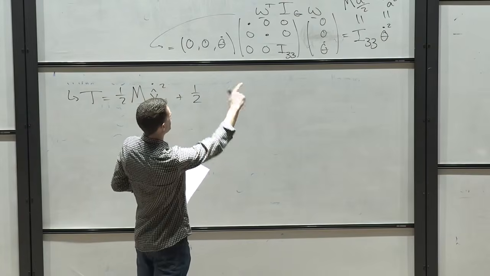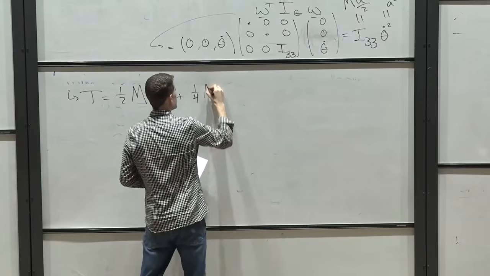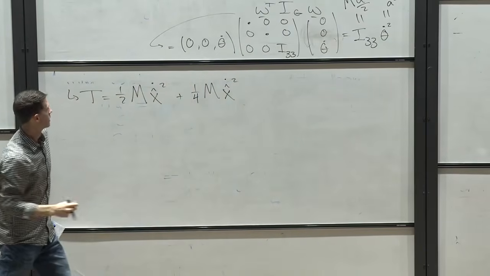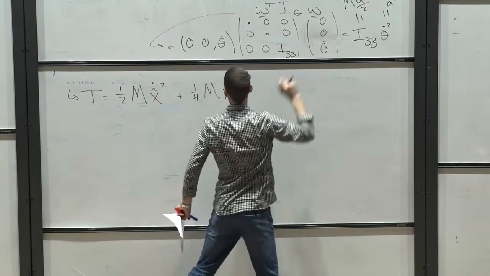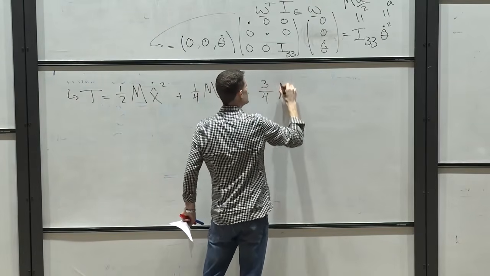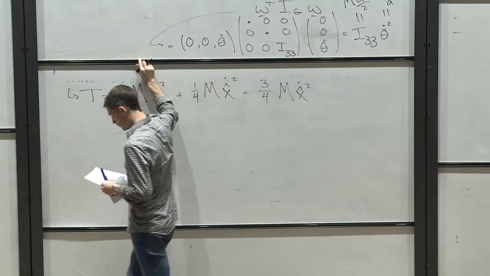Oh, sorry, there's another 1/2. So this is a 1/4 m x hat dot squared. I get a 1/2 there and a 1/2 there. So I end up with 3/4 m x hat dot squared.